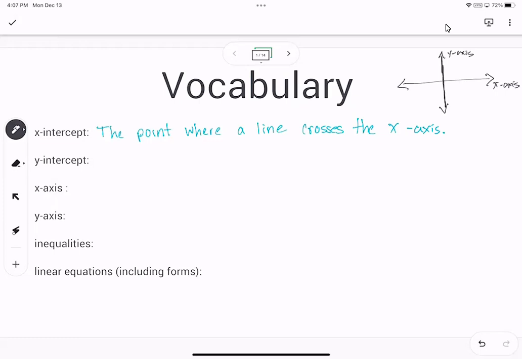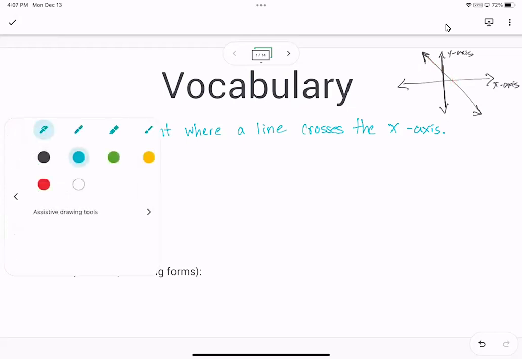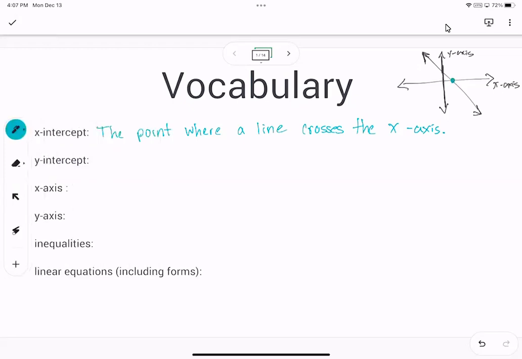And let's say we have a little line that goes like this. Now the x-intercept is where the line that we just drew crosses the x-axis, which would be right here. So I'm going to highlight that in blue for you. This here is our x-intercept.